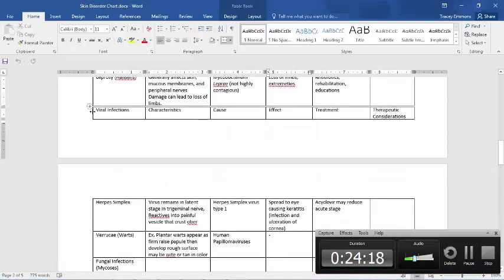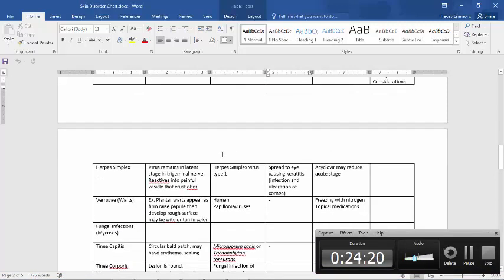Then we're moving into the viral infections. Okay, the first one is Herpes Simplex, and there's a few different types. The first one we're going to talk about in this section is the Herpes Simplex 1 virus, and this is a virus that can remain latent in the trigeminal nerve in the face.